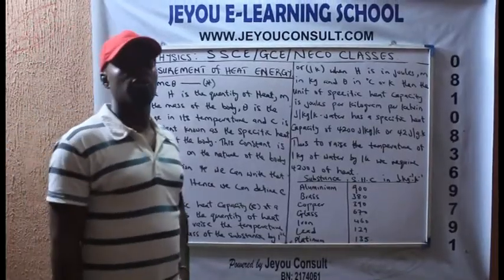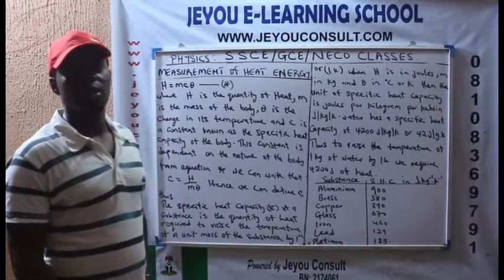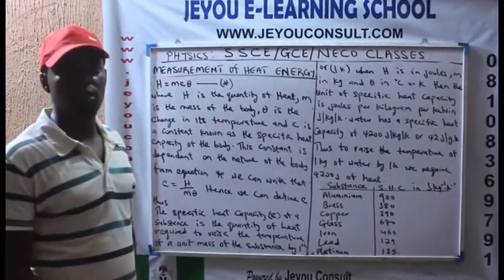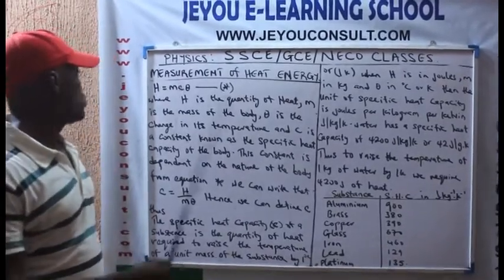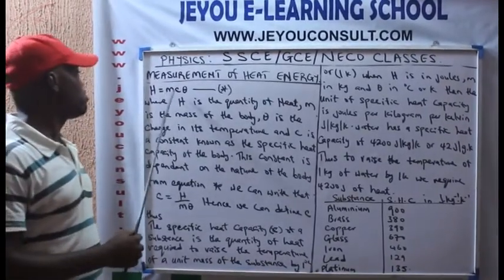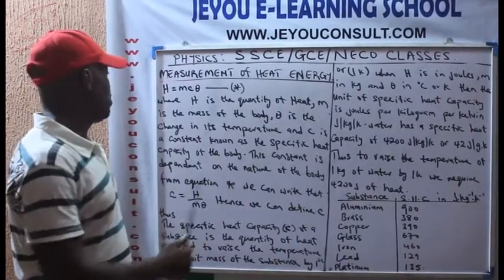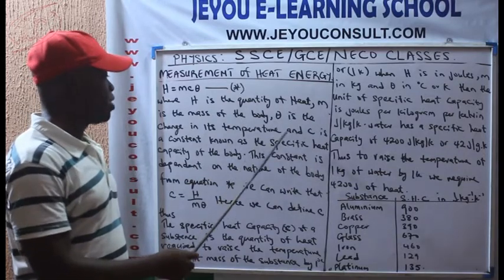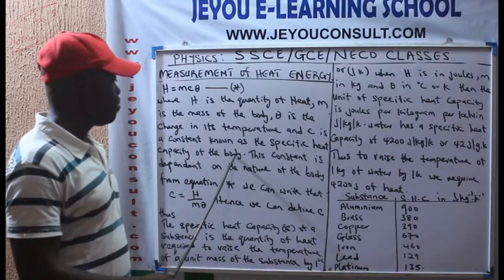As we said before, experiments have shown that the rise in temperature of a body is dependent on the amount of heat supplied to that body, the mass of the body, and the nature of the body. In general, we state that H is equal to mc theta, where H is the quantity of heat, m is the mass of the body, theta is the change in temperature, and c is a constant known as the specific heat capacity of the body.